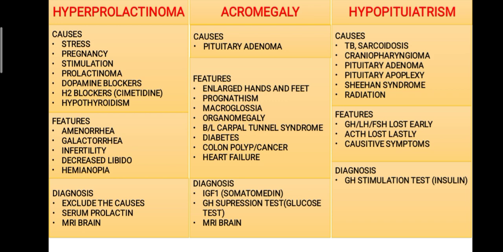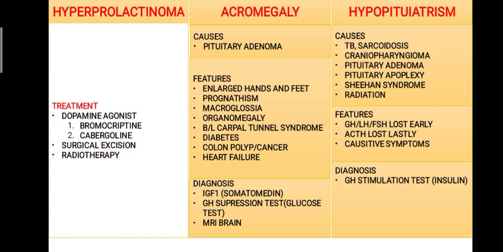Now for the treatment. In hyperprolactinemia, the treatment is a dopamine agonist. Dopamine directly blocks the prolactin, so we give drugs like bromocriptine or cabergoline. This is done initially. Then we choose surgery or radiotherapy.